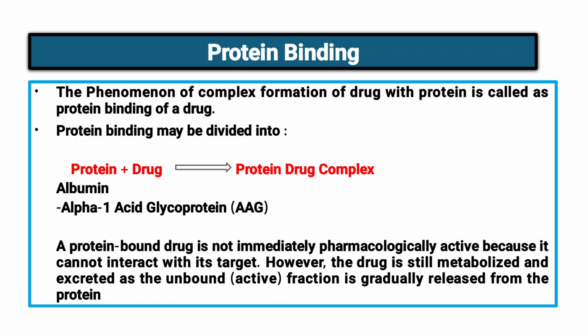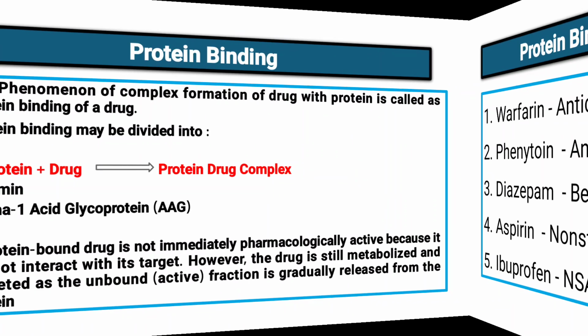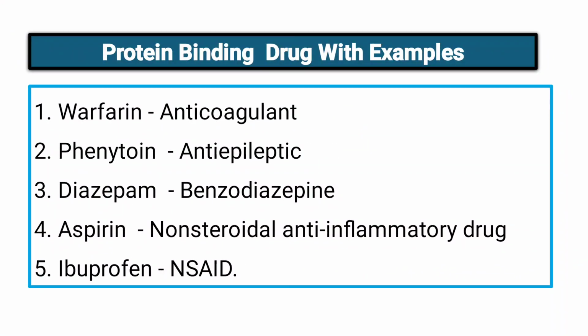However, the drug is still metabolized and excreted as the unbound active fraction is gradually released from the protein. Protein binding drug examples: warfarin, anticoagulant; phenytoin, antiepileptic; diazepam, benzodiazepine category, sedative and hypnotics; aspirin, ibuprofen, non-steroidal anti-inflammatory drugs, NSAID.